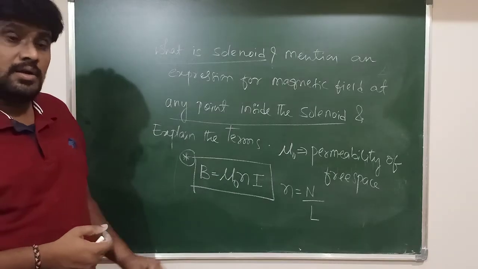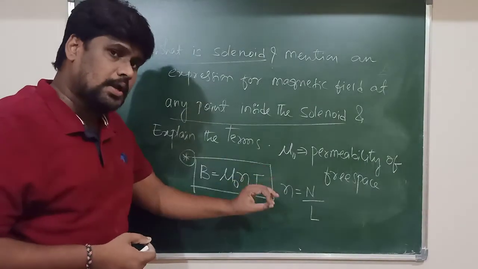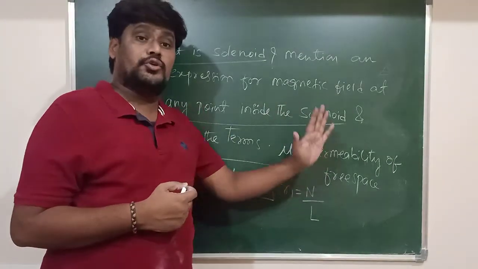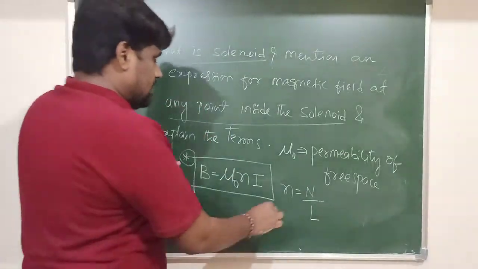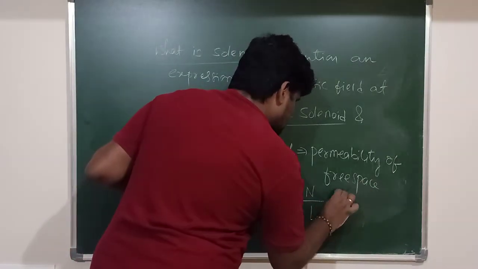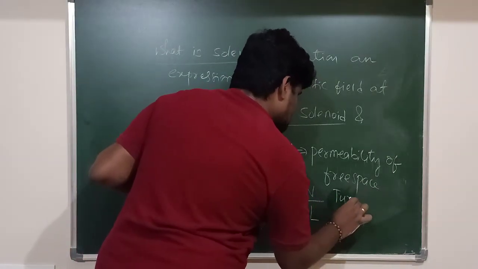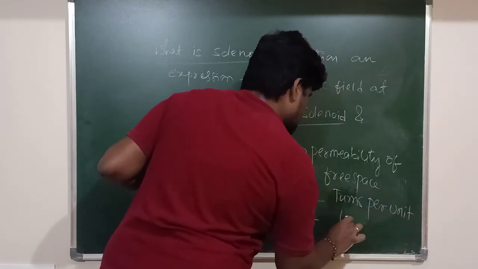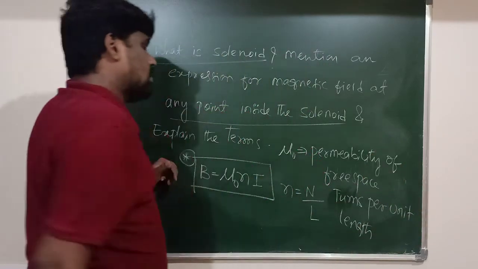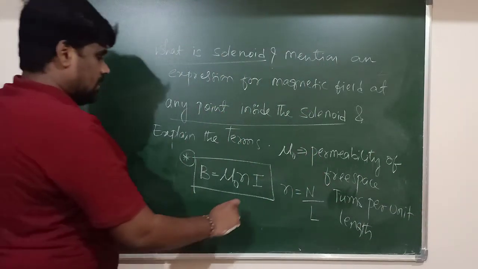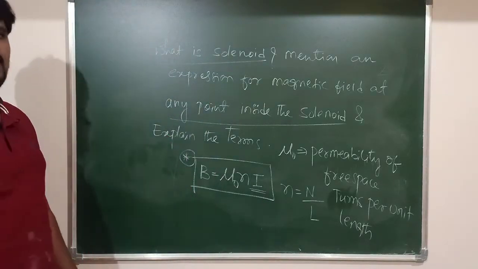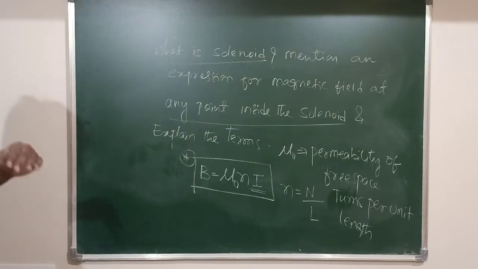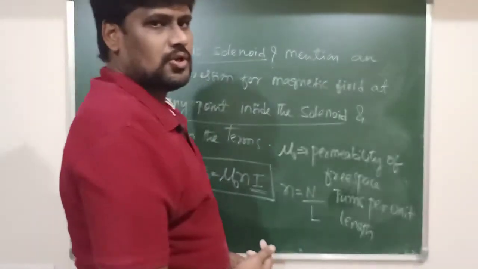Small n is the number of turns per unit length of a solenoid. What is I? I is the current in the solenoid. So this is the expression for the magnetic field at any point inside the solenoid.